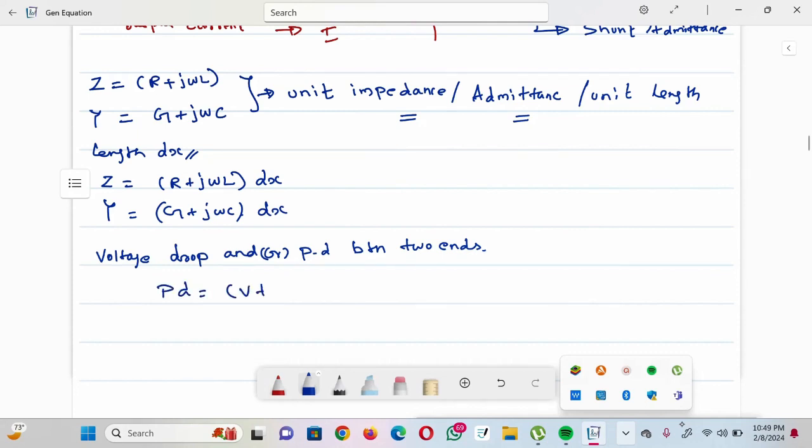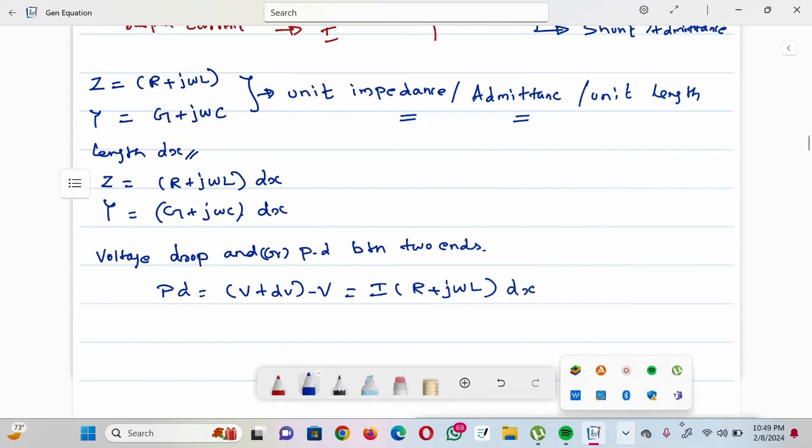Already we know that the potential difference V plus dV minus V is equal to I into R plus j omega L into dx.